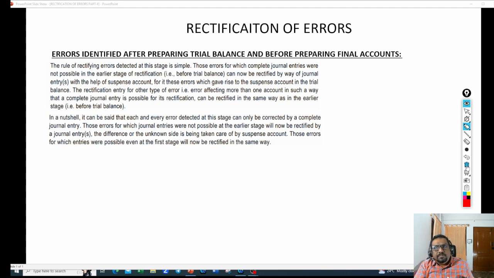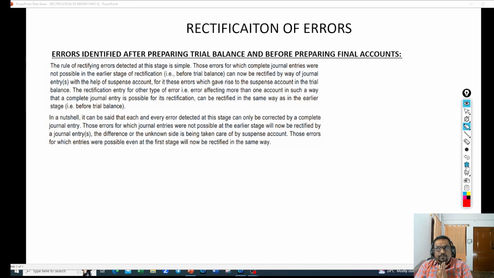The other leg is the one-sided entry which you have posted previously, right? That plus the suspense account will become a complete entry. Because of which, in second stage, you cannot identify single-sided entries, because all the rectifications you post in second stage are complete entries only. Are you getting my point? That is what I wanted to explain about the second stage.